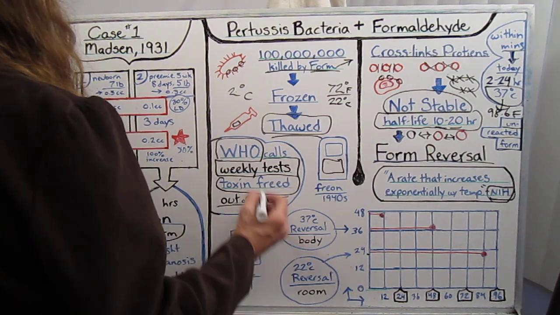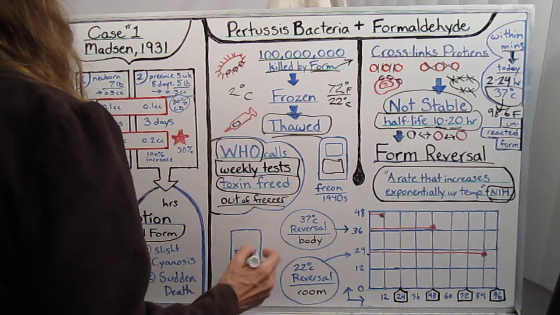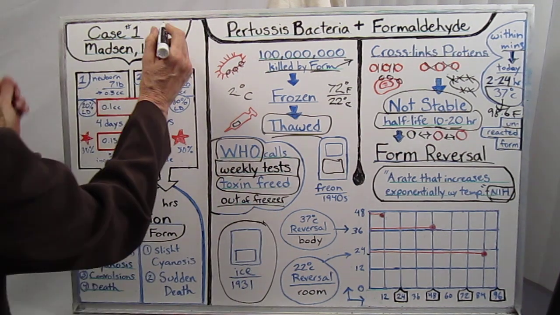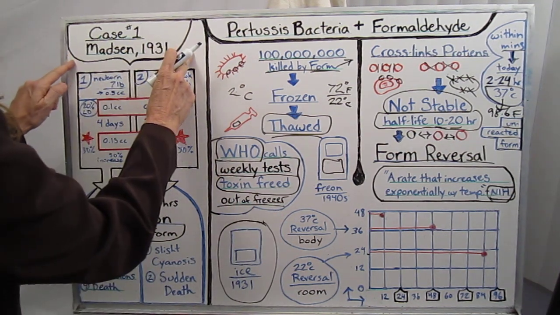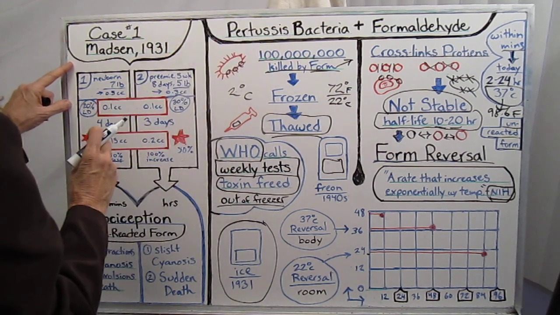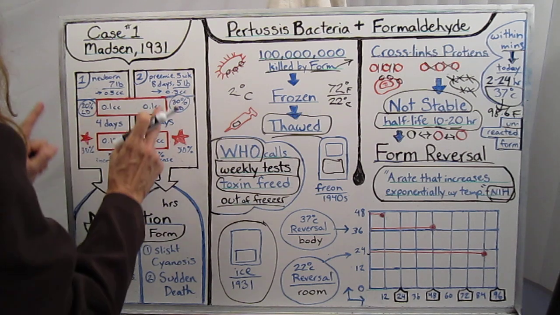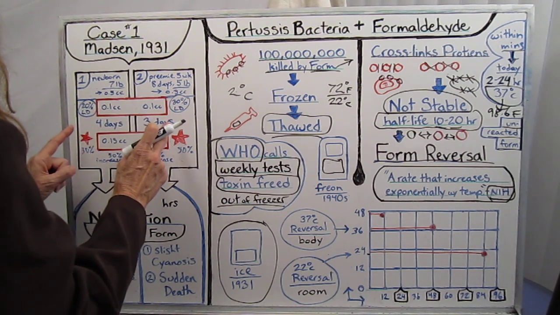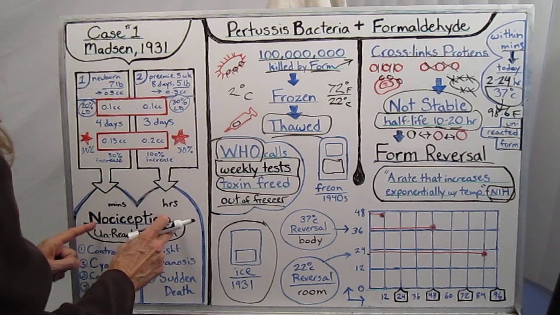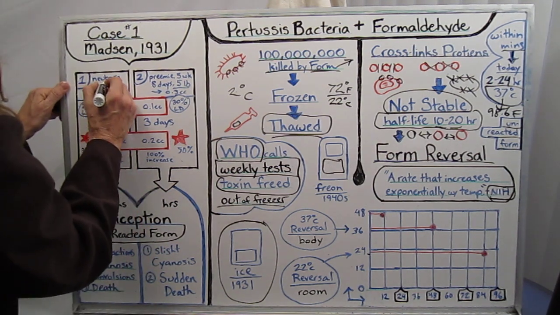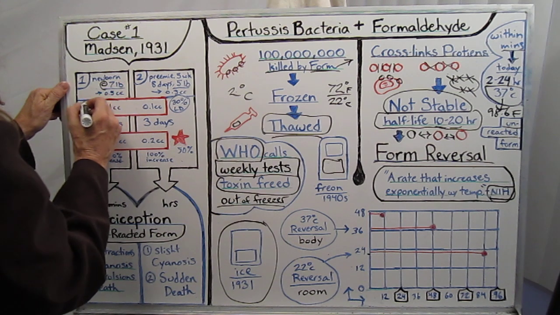So, what's up with Madsen in 1931, back during the Depression when they had ice? He gave 2 newborn babies this recipe. He gave them 2 doses that were the same, and they reacted the same way and died the same way. Newborn 1 was born at term, approximately 7 pounds.